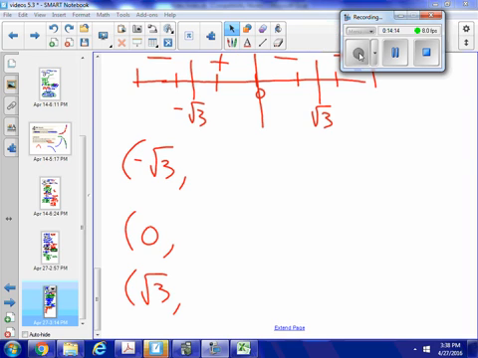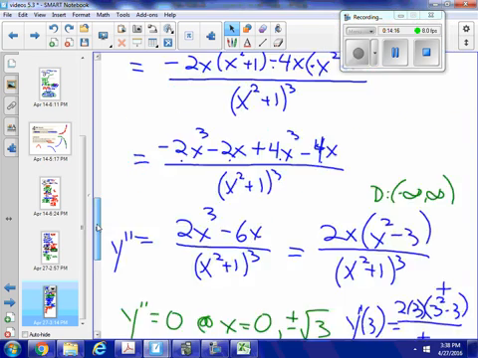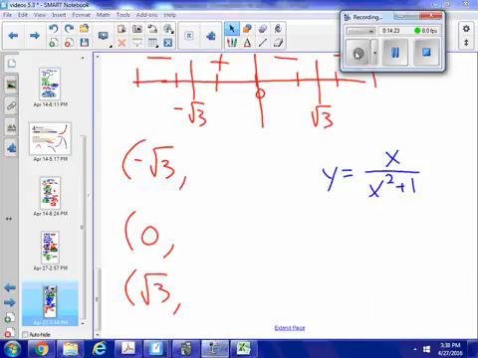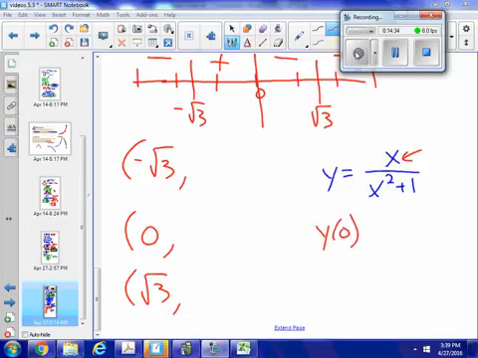And in order to find that something, I need to go all the way back to my original function and plug in my x values. So here's my original function, and I can certainly see right off the top here that if I make y of 0, my numerator is going to be 0, so I'm going to have the point 0, 0. Now, what about y of negative radical 3?